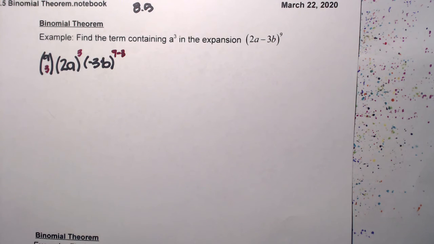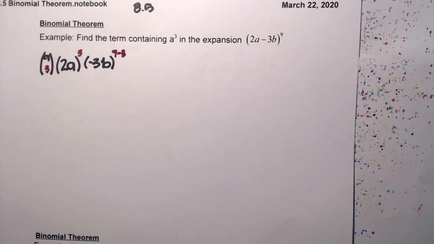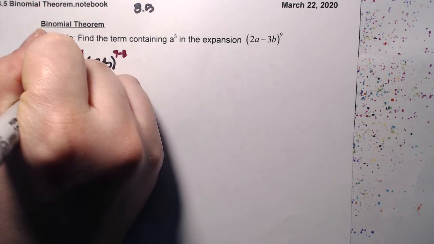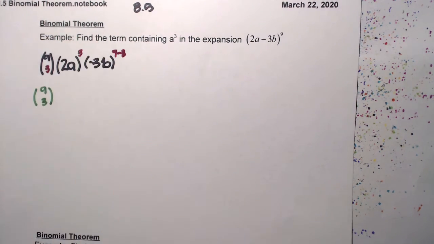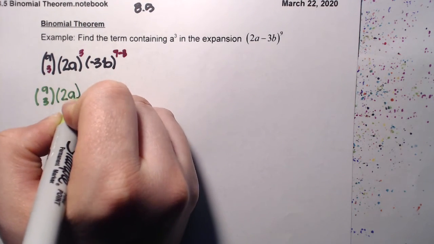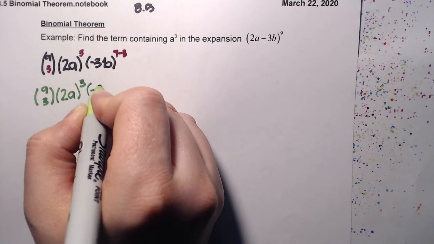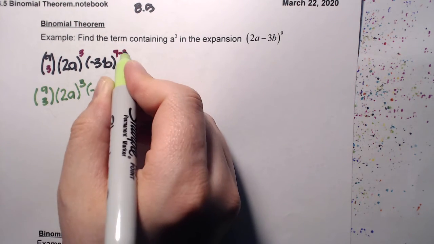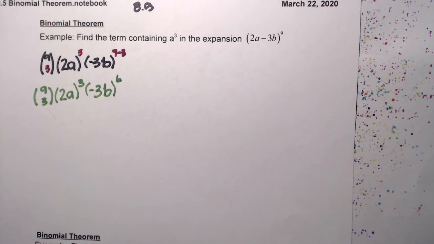It's going to be 6. So I'm going to write that out so you can see it a little bit clearer. This one seems to work. So I'm going to have that and 2a to the third and negative 3b to the 9 minus 3, which is 6.